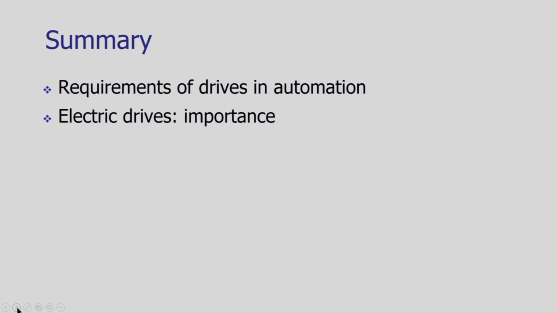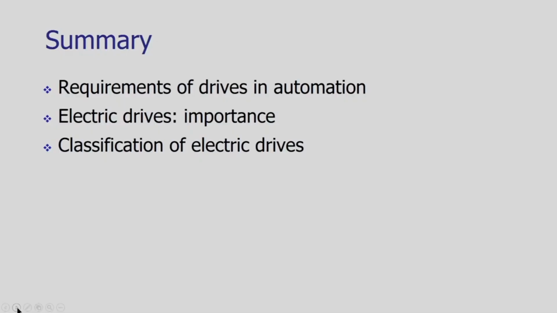After that, we learnt the importance of electric drives, their advantages, and their importance in the present day automated industry. At the end of the lecture, we discussed the classification of electric drives in detail.